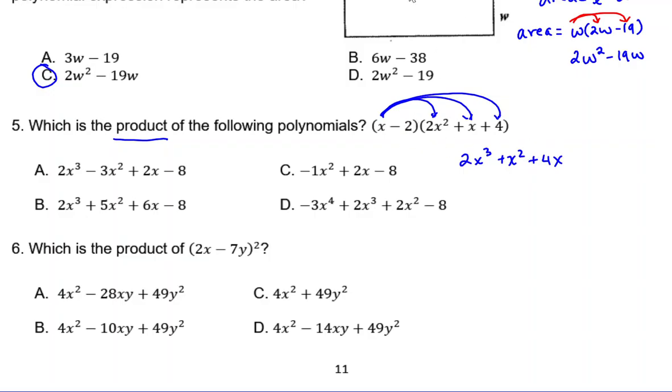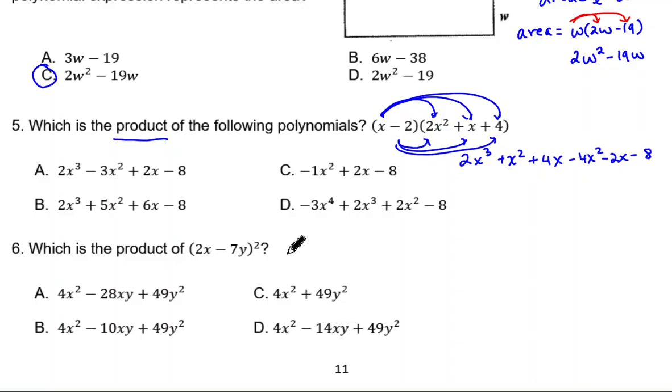And then now we do the same thing again with the negative 2. Make sure to keep the sign. Negative 2 times 2x squared is negative 4x squared. Negative 2 times x is negative 2x. Negative 2 times positive 4 is negative 8.